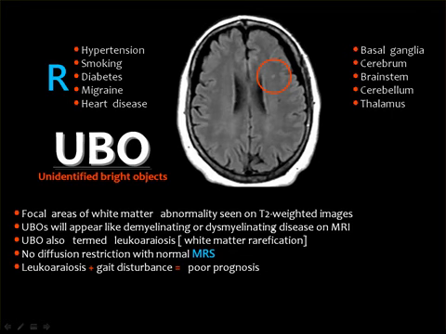Actually, there is an entity in the current literature which is known as unidentified bright objects. This means that in a patient who is not actually complaining of neurologic deficits, you may be confronted by 1 or 2 or 3 lesions in the white matter showing this appearance.